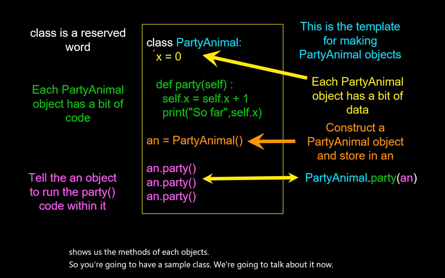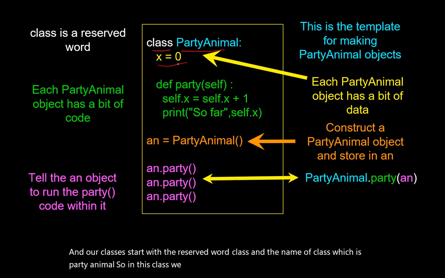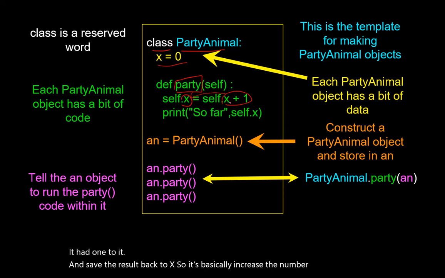Our class starts with the reserved word class and the name of the class, which is PartyAnimal. In this class, we create a variable called x. We assign the value of 0 to it. We define a method which is called party. What party does is it takes the x, adds 1 to it, and saves the result back to x. So it basically increases the value of x by 1.